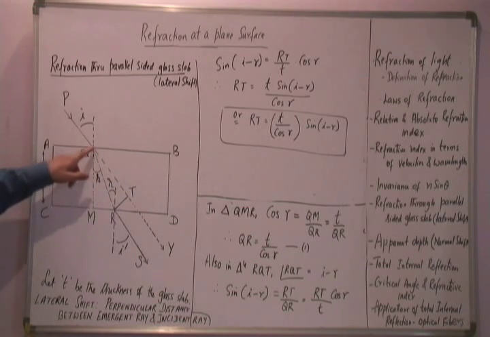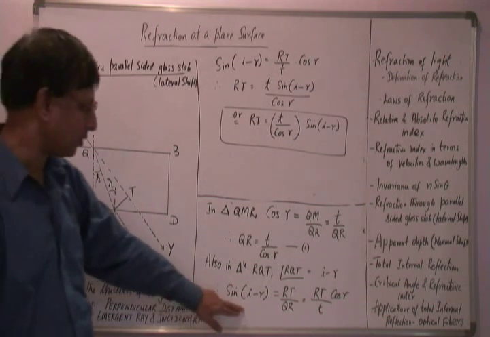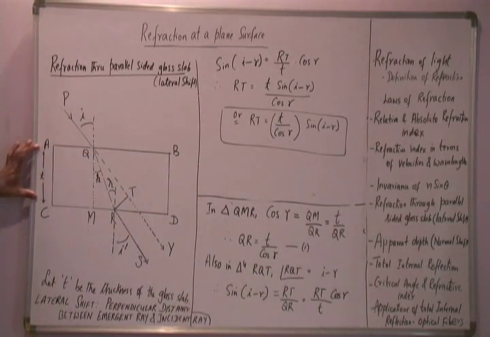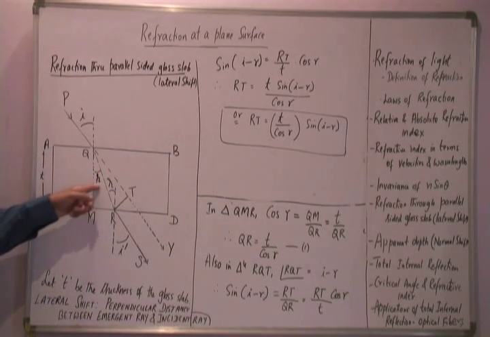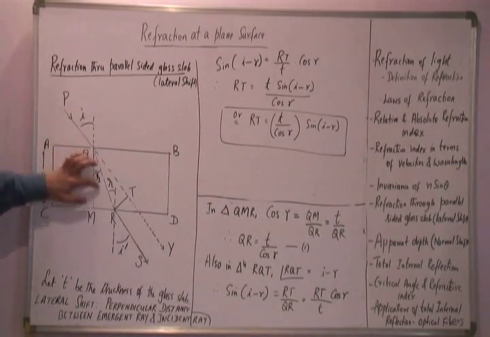So in this triangle I know the value for QR and this angle, I can find the opposite side, and therefore I found the value of RT, which turns out to be T, the thickness of the material, divided by cos r, multiplied by sin(i − r).